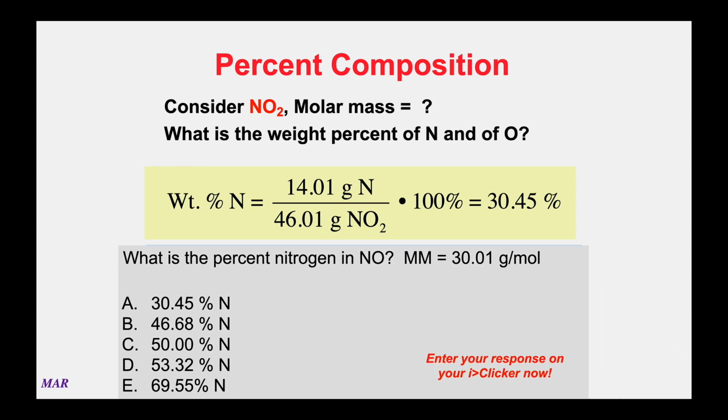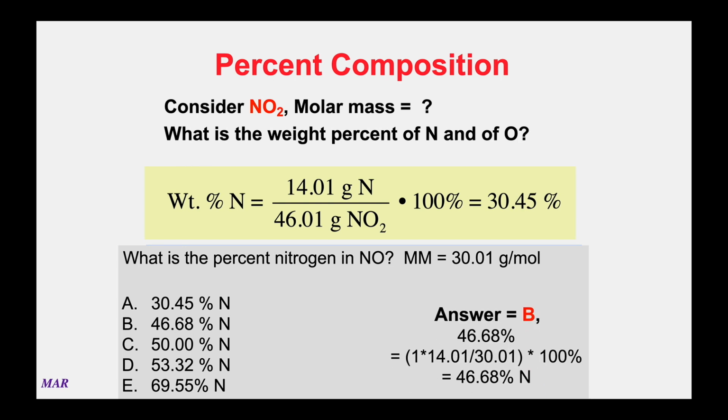Let's say that you wanted to figure out percent nitrogen in nitrogen monoxide, NO. All right, and the molar mass, which is what MM stands for, is 30.01. So molar mass goes in the bottom, and for percent nitrogen, 1 nitrogen goes in the top. You'd have 14.01 divided by 30.01 times 100, and that number, 46.68%.